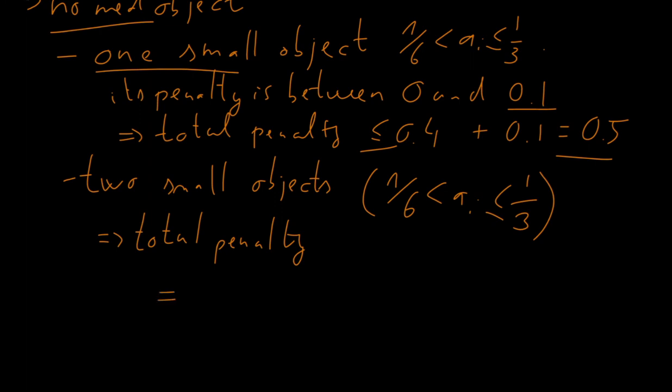Now the total penalty: the penalty was 3/5 A_i. Let's call these A1 and A2 because there are two of them.